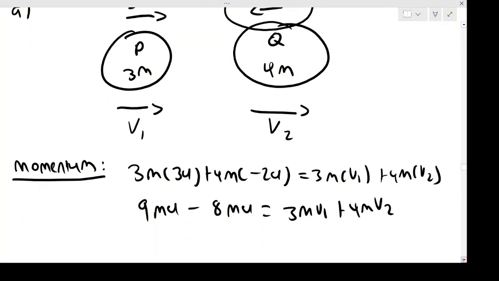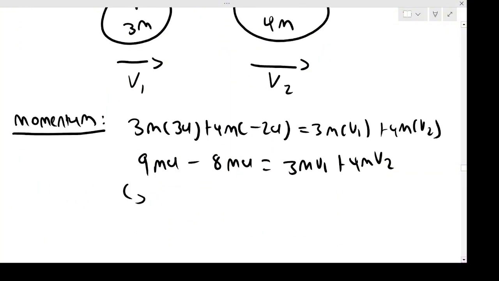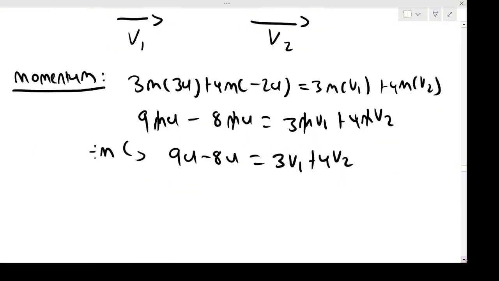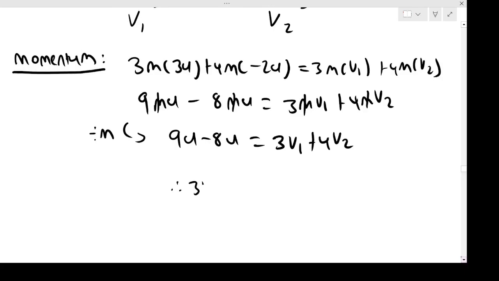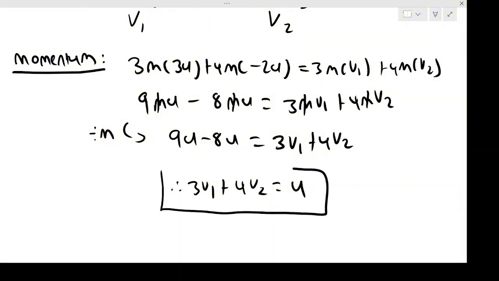Then we can get rid of the m's. So we get 9u take away 8u is 3v1 add 4v2. And this simplifies to 3v1 add 4v2 to be u. And that is my first equation there.